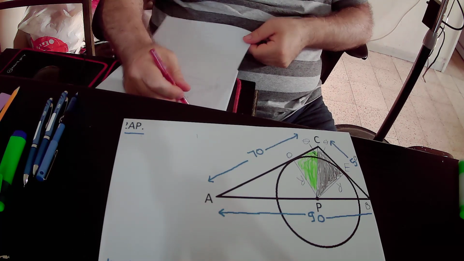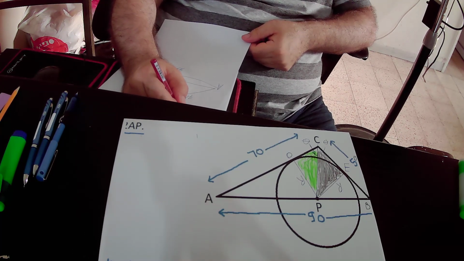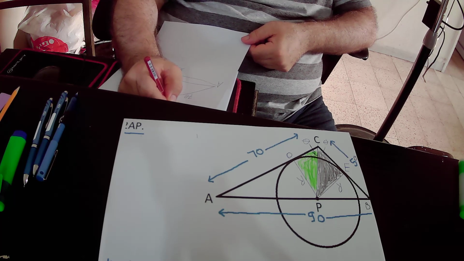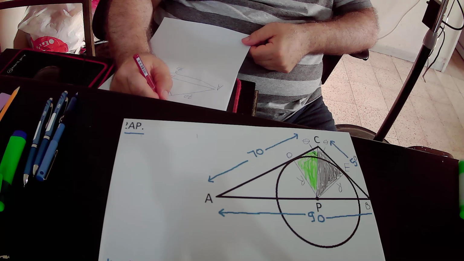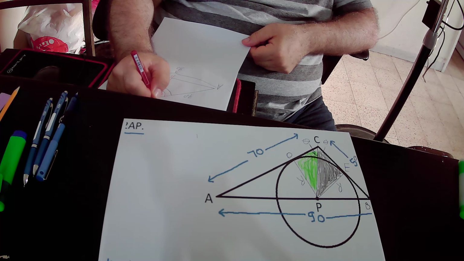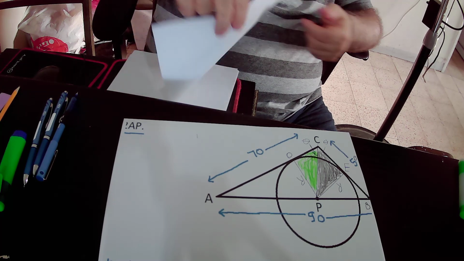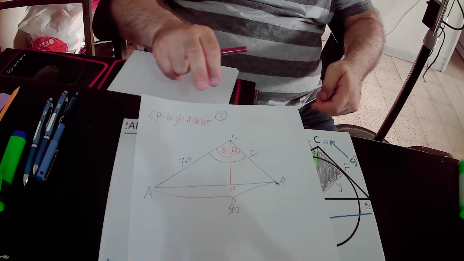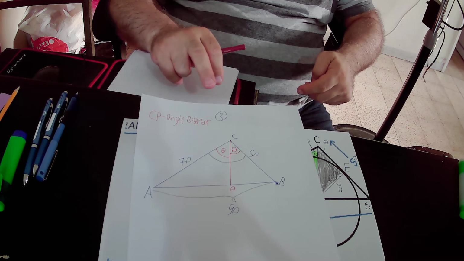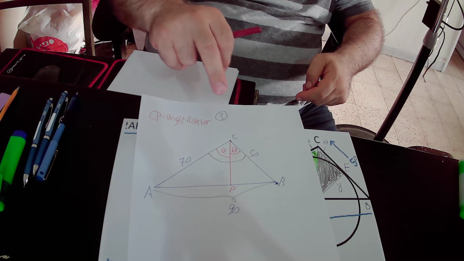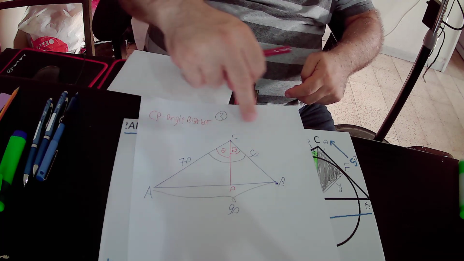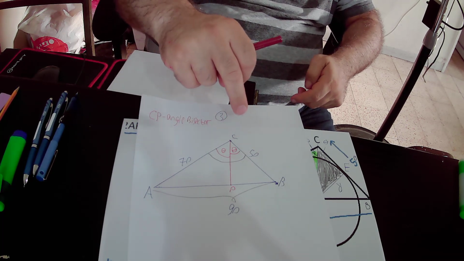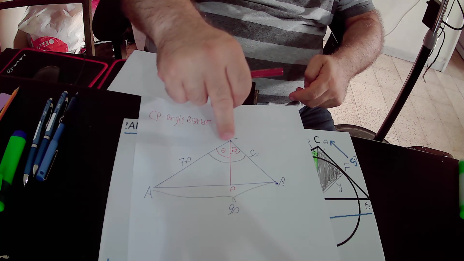So CP is angle bisector. Okay, CP is called angle bisector because it splits angle ACB of the triangle into two halves. This is the first half and this is the second half.